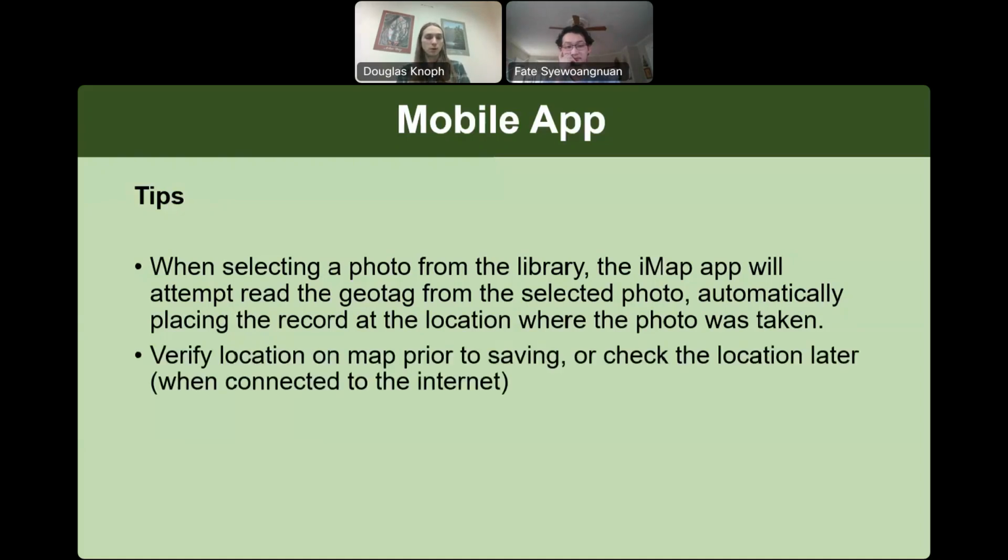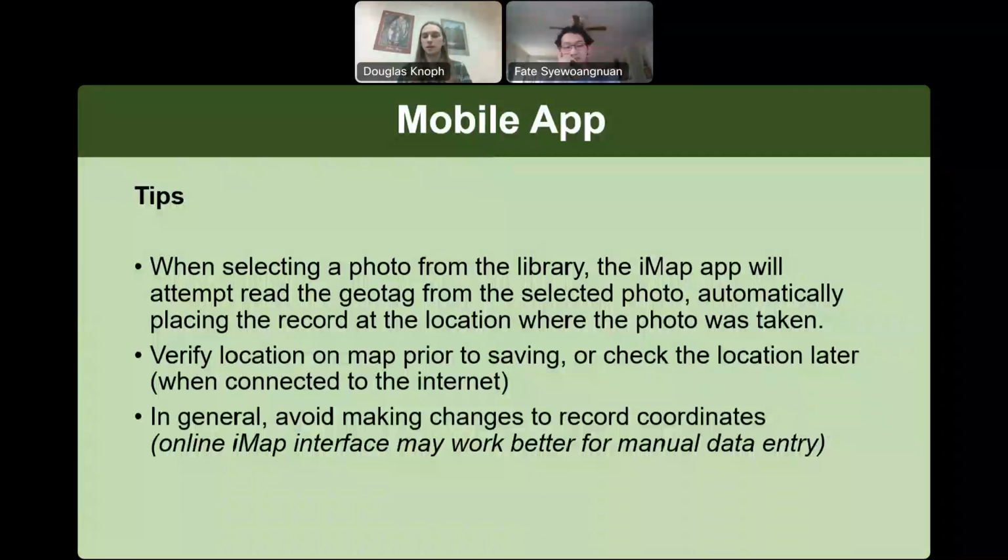After you select a photo, verify that the location is correct. This is best done later on, either when you're able to get to the data on your computer, or after you upload it from your mobile app and it goes into the database. Updating the location is a lot easier to do there than on the mobile device itself.